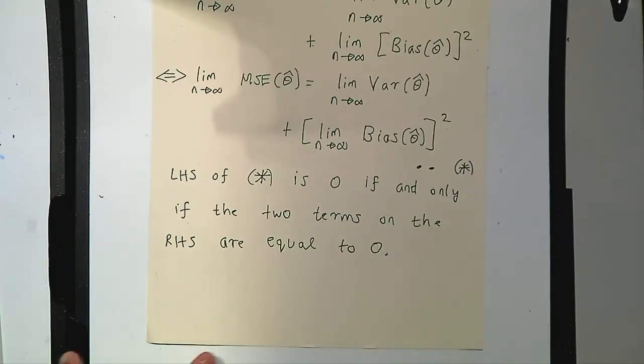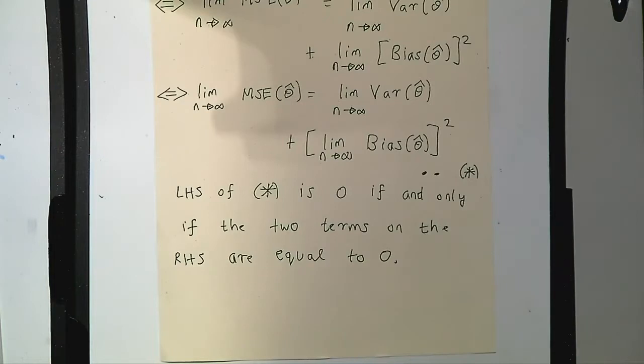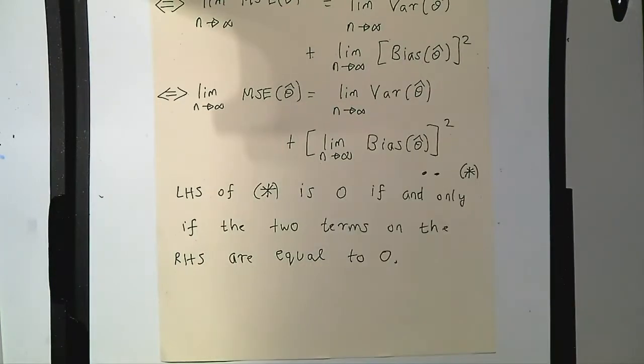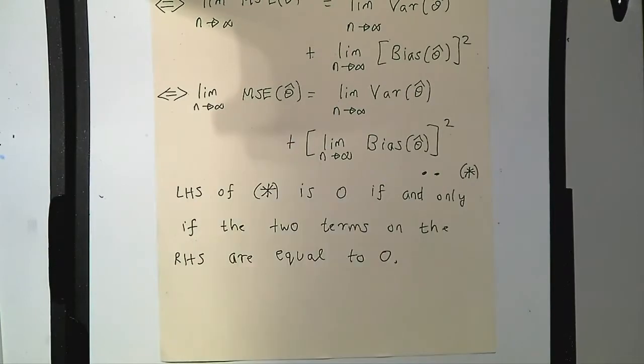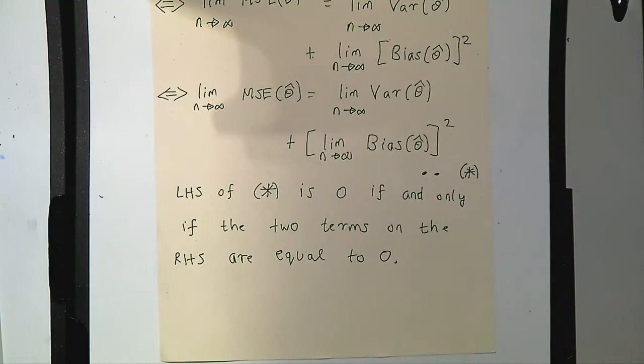All right, guys, so I have proved all three properties now. Is this proof clear, guys? The argument is that because this is equal to the sum of these two, and these two are non-negative, the left-hand side is equal to 0 if and only if both of these are equal to 0, right? And that proves property number 3, okay?